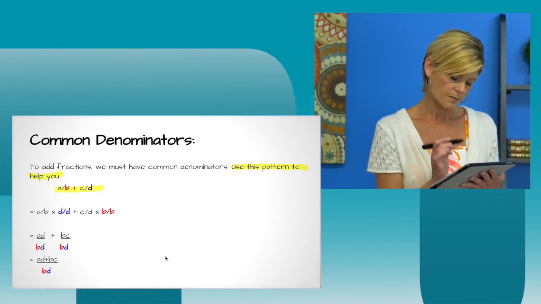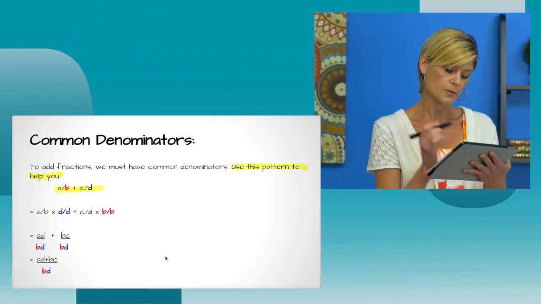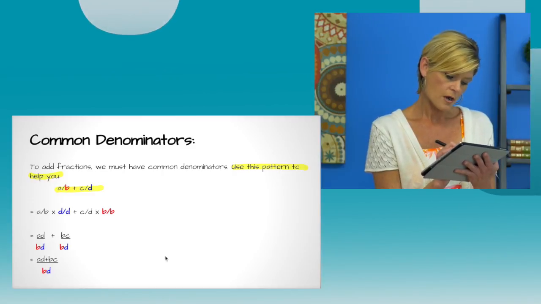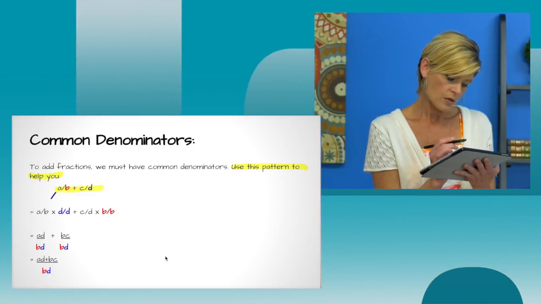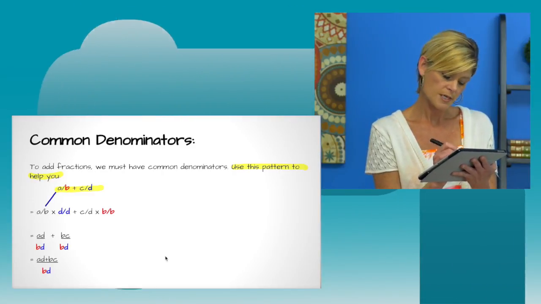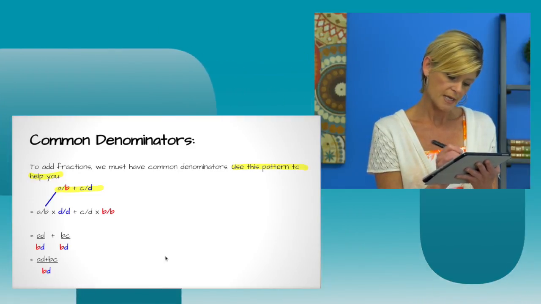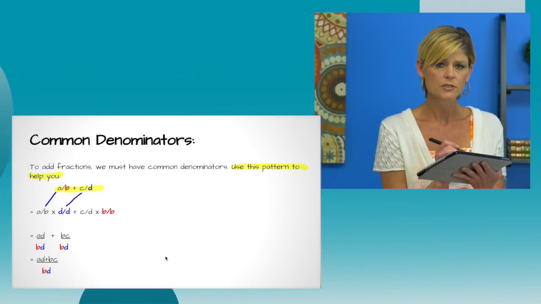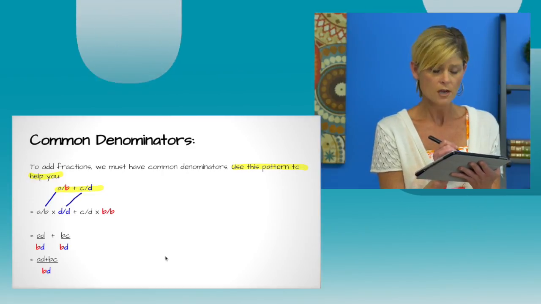And the way to do it, I've color-coded them to make it simpler for you, is for our A over B here, in order for that to have a common denominator, we're going to have to multiply that by D. Again, we always have to do to our numerator what we do to our denominator.